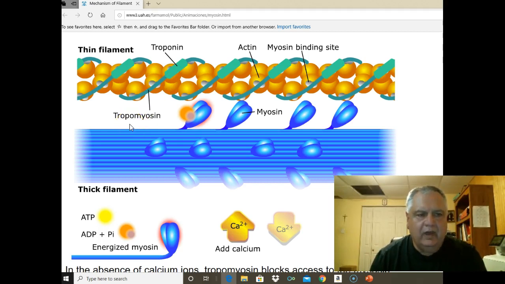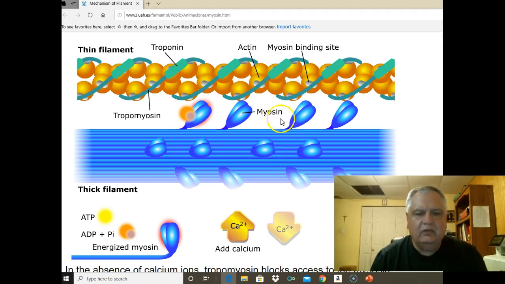Now, in the relaxed state, this is the organization we see. By the way, this is the area where the actin partially overlaps the myosin.